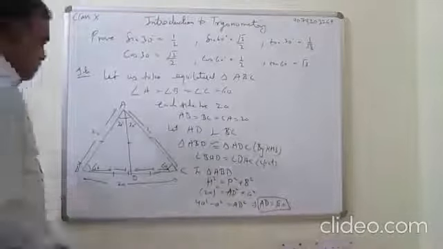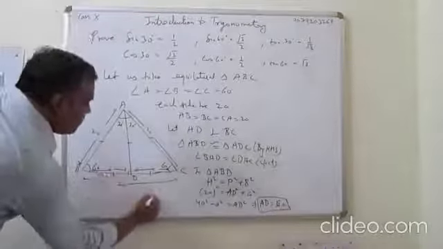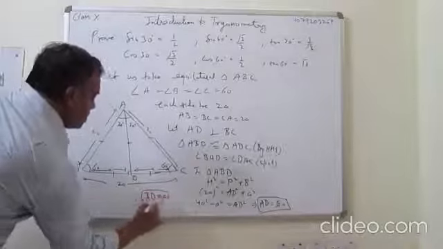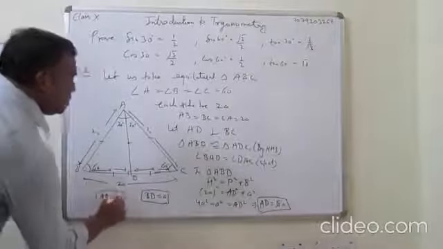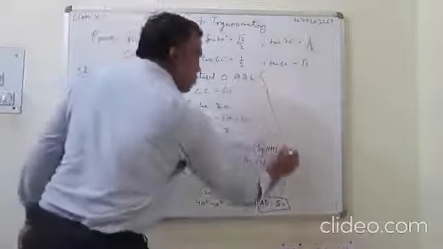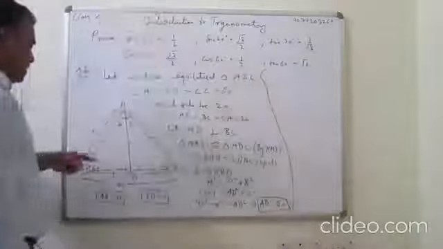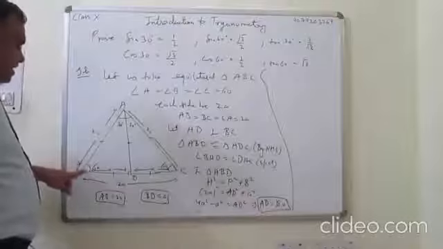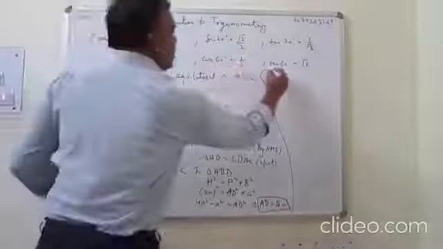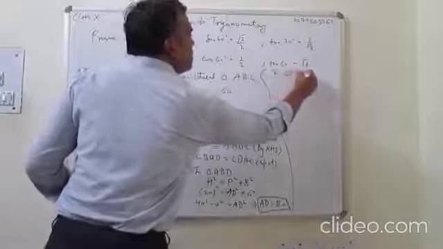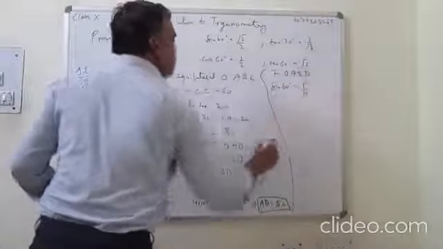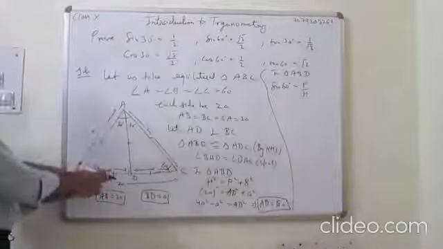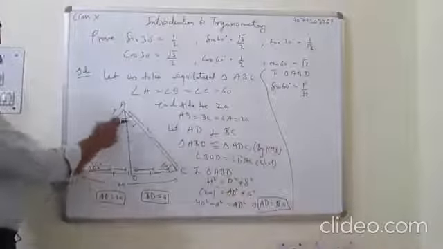Now AD you have, BD is equal to A, and AB is equal to 2A. Now I will take the ratio of sin 60 in triangle ABD. Sin 60 is equal to P upon H. What is P?